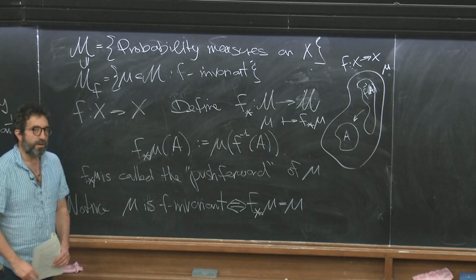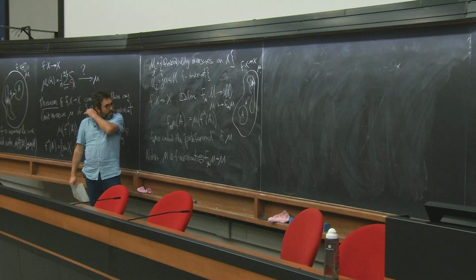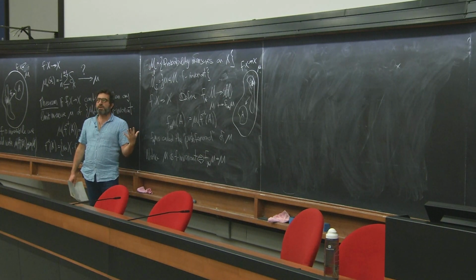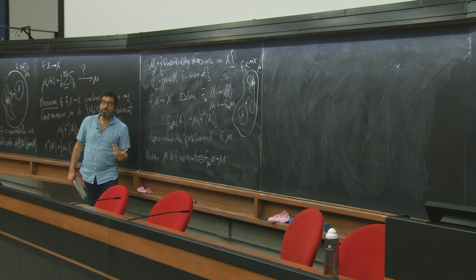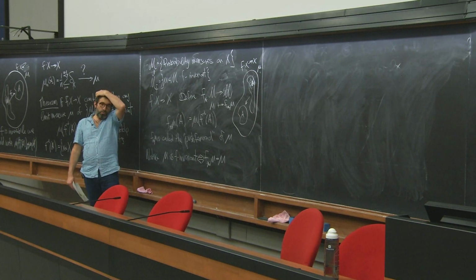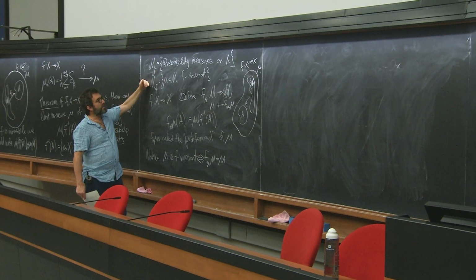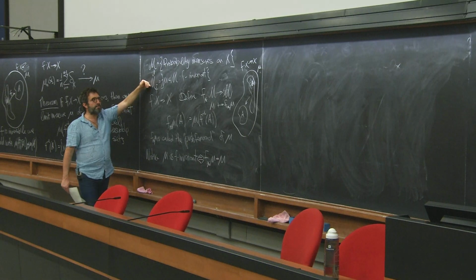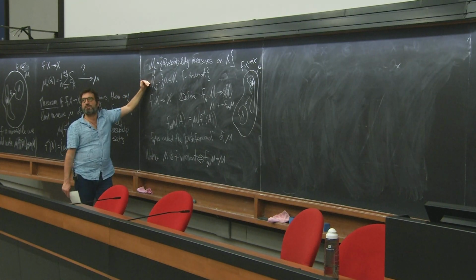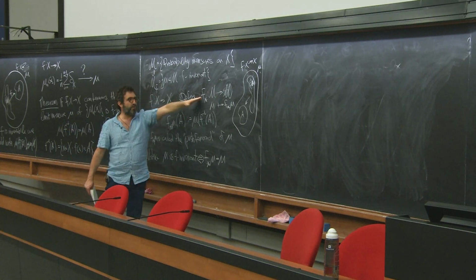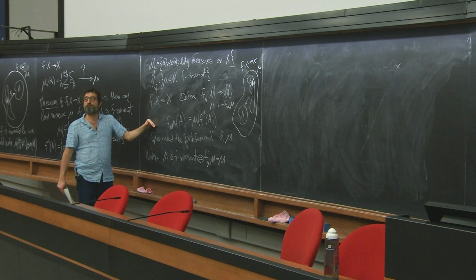So we have defined an interesting kind of map on the space of probability measures, which has the property that it fixes all the invariant measures. If you take a measure that is invariant, then it's a fixed point for this push forward F star.